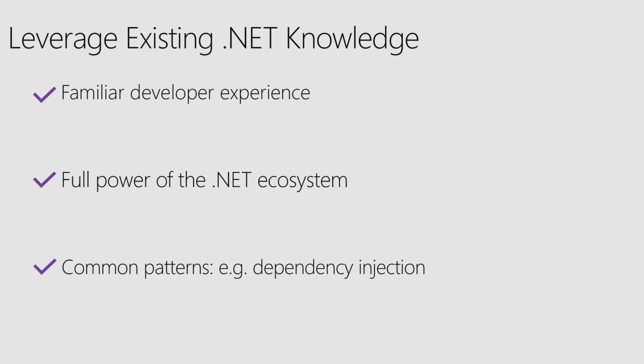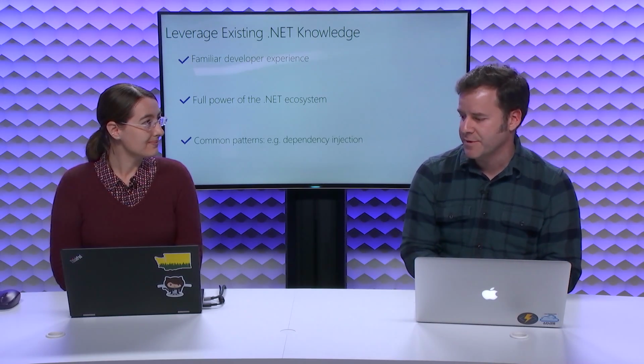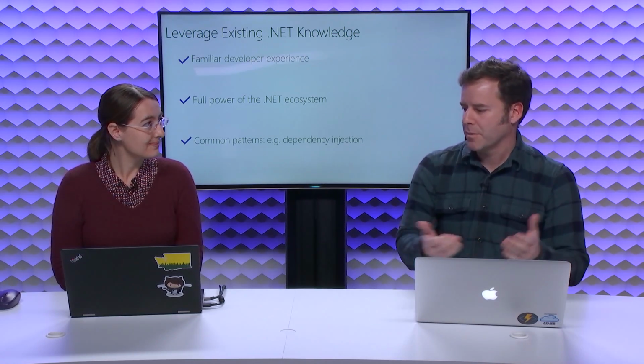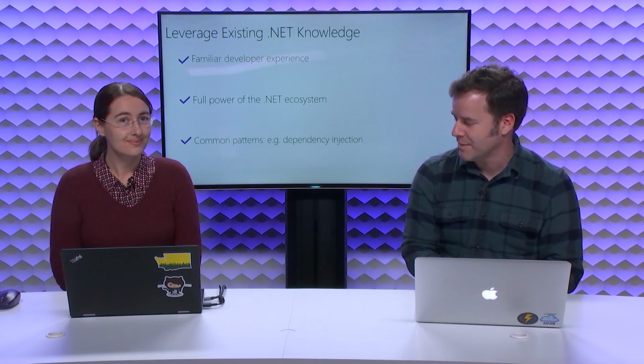This is running on top of .NET Core, so you get the full power of the .NET ecosystem, the ability to consume dependencies, bring in anything that you need in order to solve the problem that you're trying to solve within functions, and the ability to continue to use the same patterns that you typically use in your other .NET applications. For example, things like dependency injection, which we'll take a brief look at a little later.